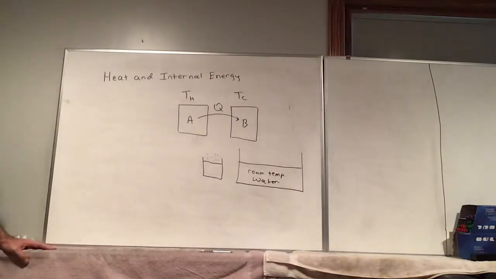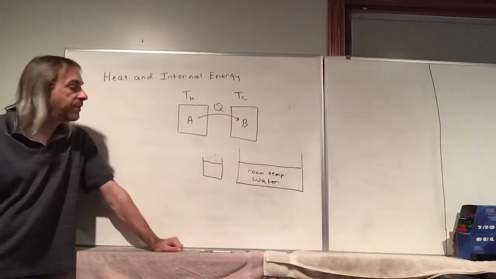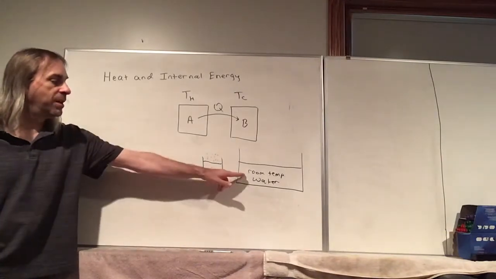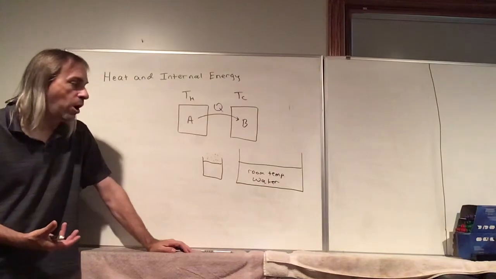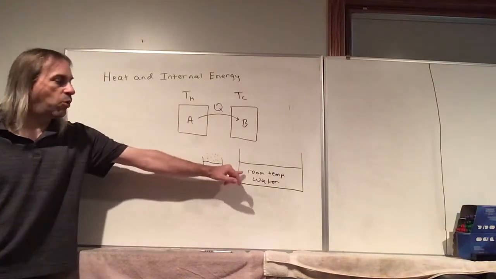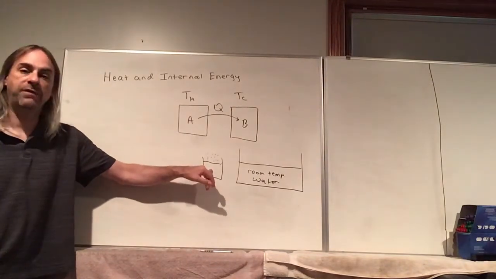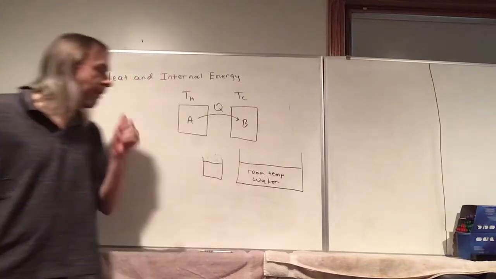Which of these has more energy? Well, the tub of room temperature water would have more energy than the cup of boiling water, just because there's so much more water in the tub. The individual molecules in the cup are very energetic, but there's more of them in the tub.